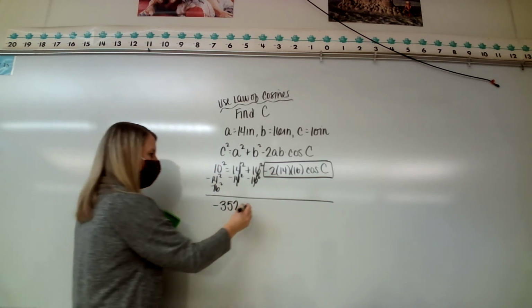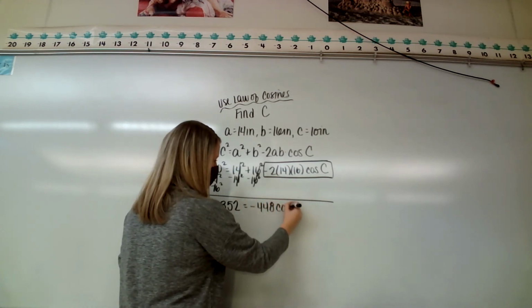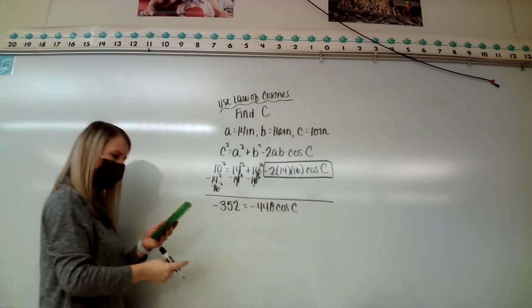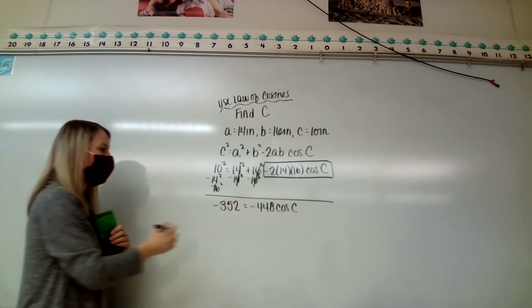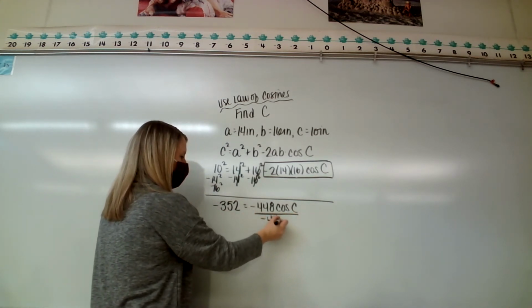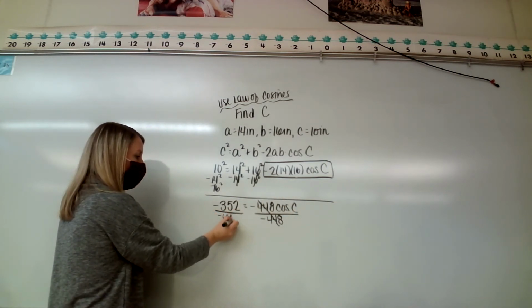That comes out to negative 448. Once again, I just plug in negative 2 times 14 times 16. And then we're following the same steps we just did. I'm going to divide. Main goal being, I just want to get that C by itself, so I'm moving everything.